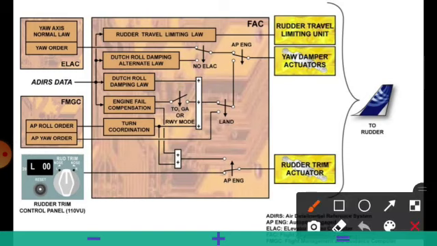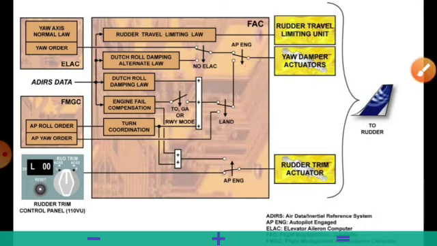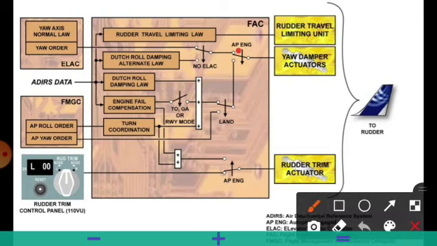When the autopilot engages, this line will come down like here. But in this condition the autopilot is not engaged, so it is like this, and ELACs are available, so it is like this. When the ELAC is not available, it will come down.